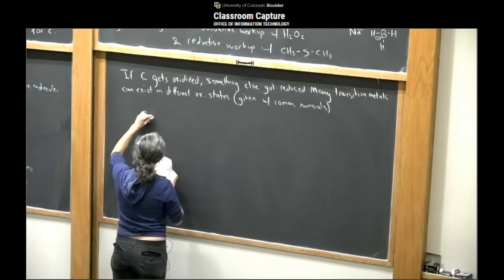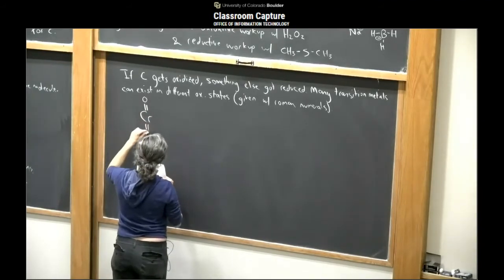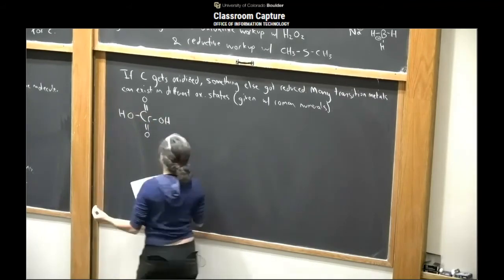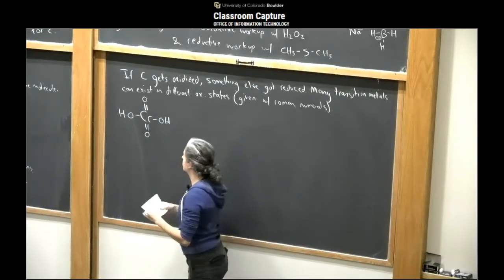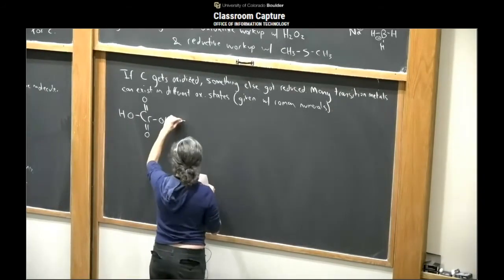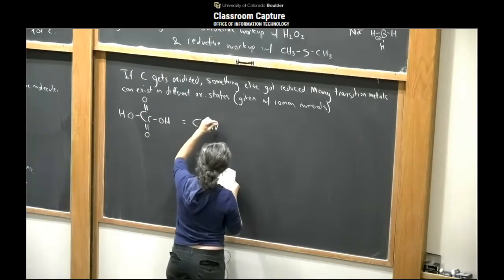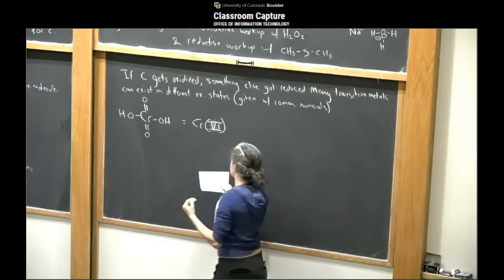So like Cr here, chromium, we're going to see a lot of in this chapter. Here, chromium has 6 bonds to more electronegative atoms. So this atom in the middle here is chromium 6.